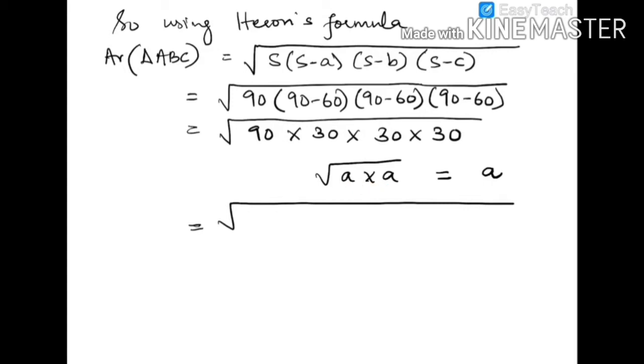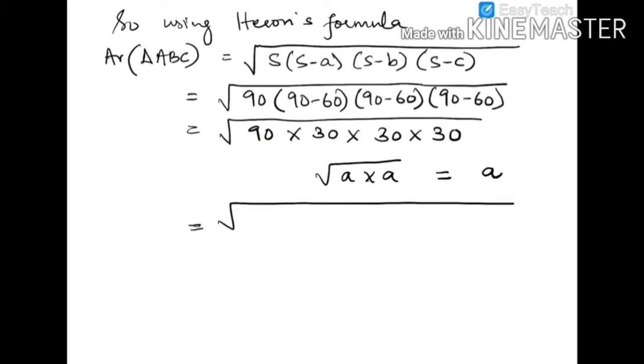Now the factors need not be only prime factors. They can be any factors as long as they are identical. As you can see in this question, we have 30 into 30. So we have a pair of identical factors. Likewise, you have to find more pairs of identical factors and then solve this expression.